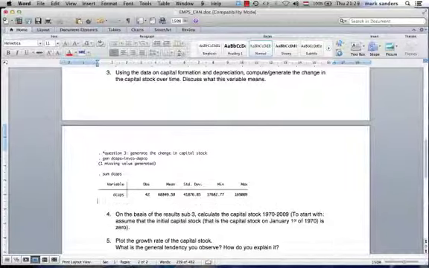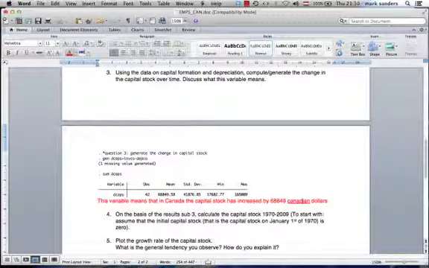Of course, I need to reflect on this. I need to say, what does this variable mean? This variable means that in Canada the capital stock has increased by 68849 Canadian dollars.